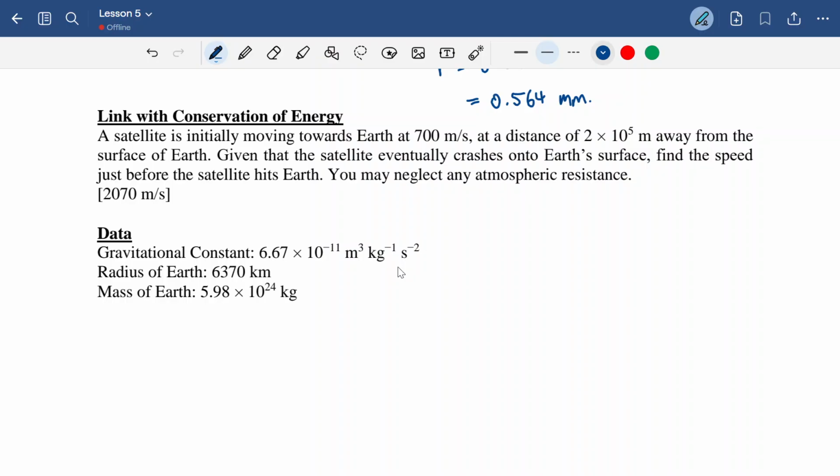A satellite is moving towards Earth at 700 meters per second, 2 times 10 power 5 meters away from the surface of Earth. You can see sometimes they like to use this term, from surface of Earth.